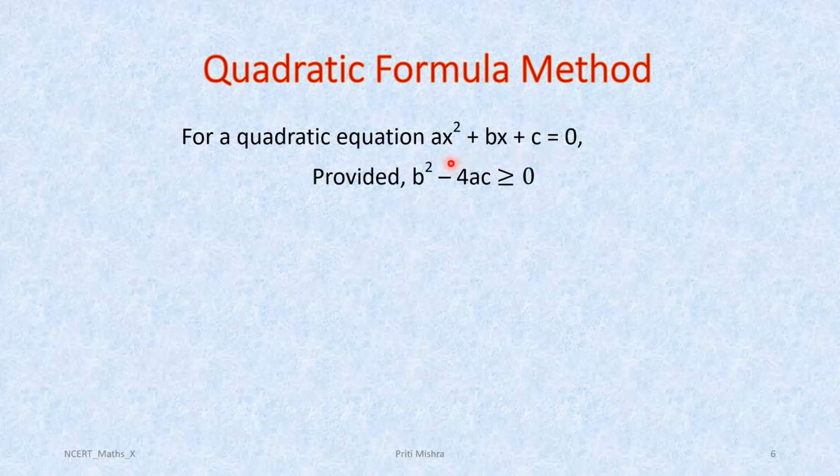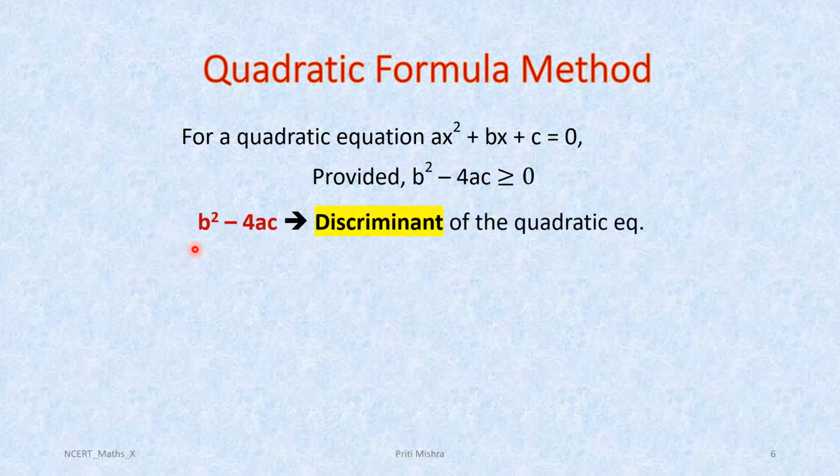And if we calculate the value of b² - 4ac, and it is greater than or equal to 0, here b² - 4ac is known as the discriminant of the quadratic equation.